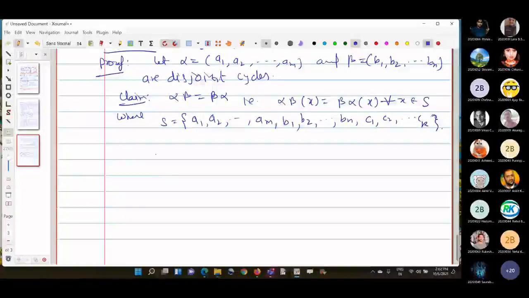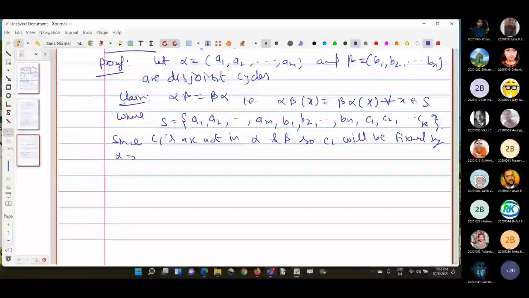Since the Ci are not in alpha and beta, Ci will be fixed by alpha and beta.